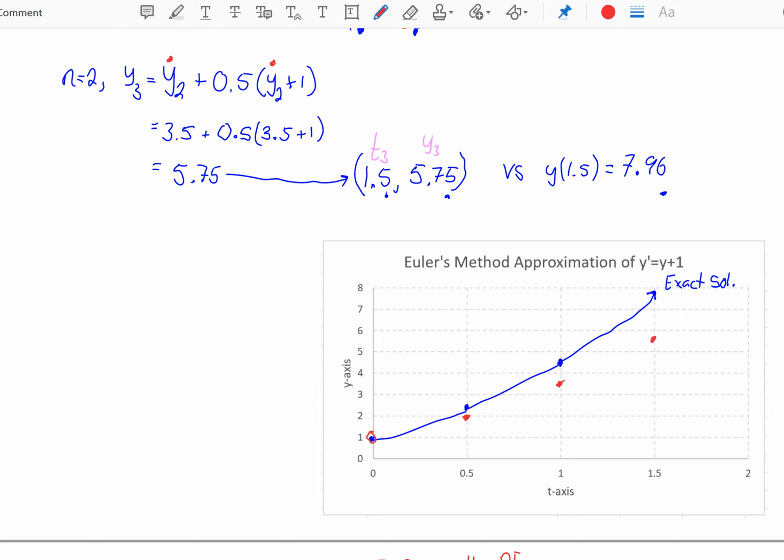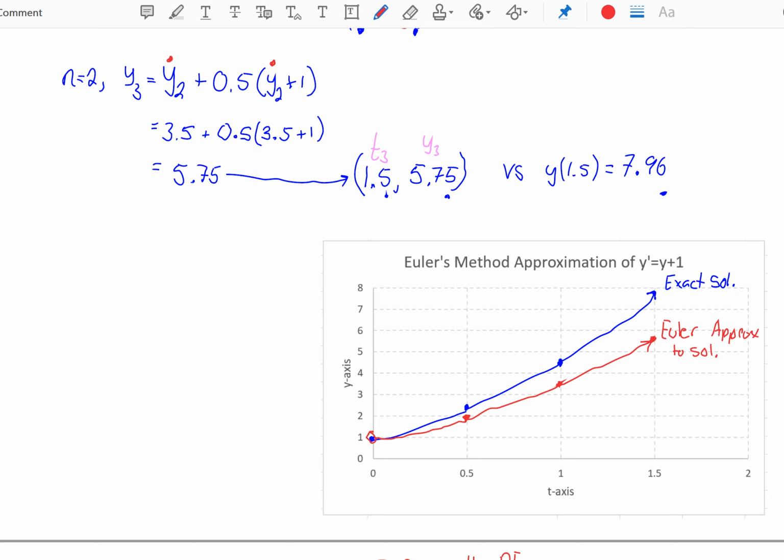So roughly here. And let's draw a solution curve that would go through these points. And this would be our Euler approximation to the solution.